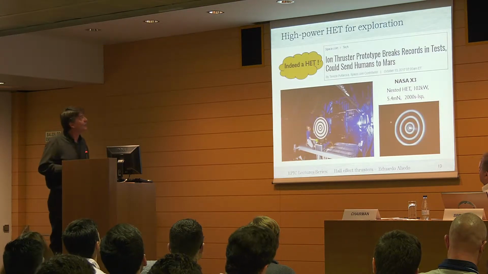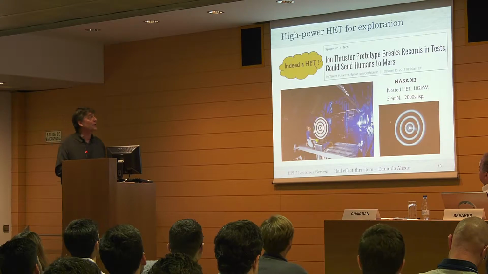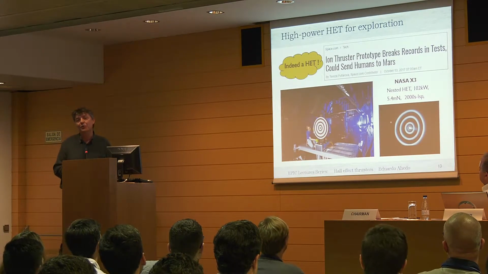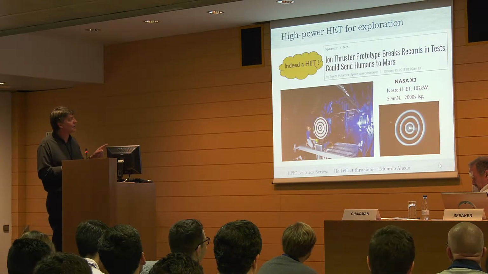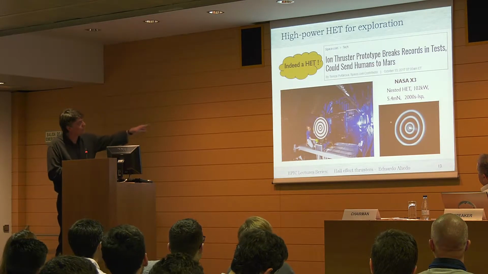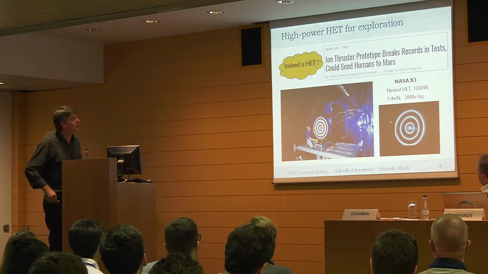Here we have news from October 13: ion thruster prototype breaks records in tests and could send humans to Mars. It's the first time we are reading this. This is not an ion thruster, it's a Hall effect thruster. It's the one you are seeing here. It's a 100 kilowatt thruster. It has 3 channels. You see the size is 80 centimeters in diameter.